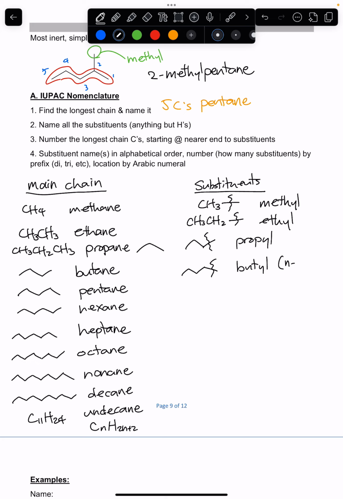Like this could be written as n-butyl, as a normal butyl. So normal butyl. This would be called t-butyl group, or tert-butyl. It's short for tertiary butyl.